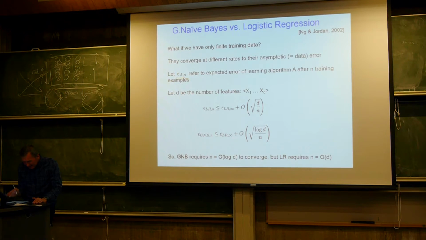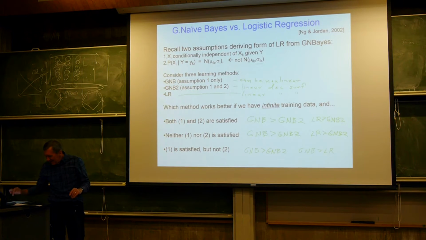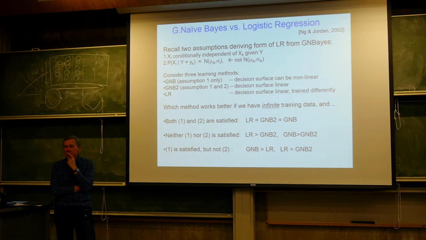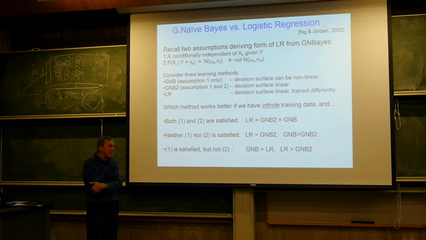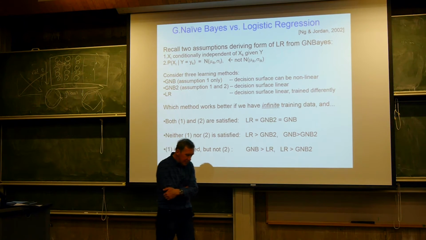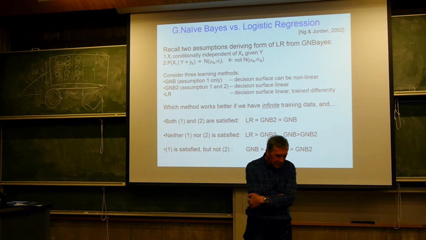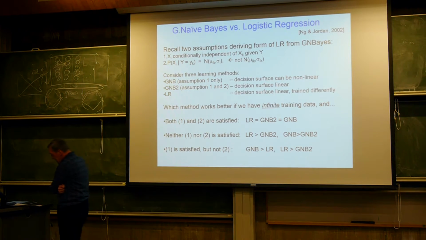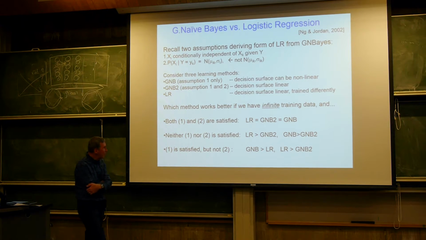Okay. All right. Yes? I was just assuming that the example you were talking about is the case that, because in the first case we were talking about, both 1 and 2 are satisfied, I wanted to say that it shouldn't really matter because all of them have the same kind of simplification and all of them are satisfied. So why should we say that GNB is greater than GNB2 in this case? Oh, that's good. That's good. You're right. We made a mistake.